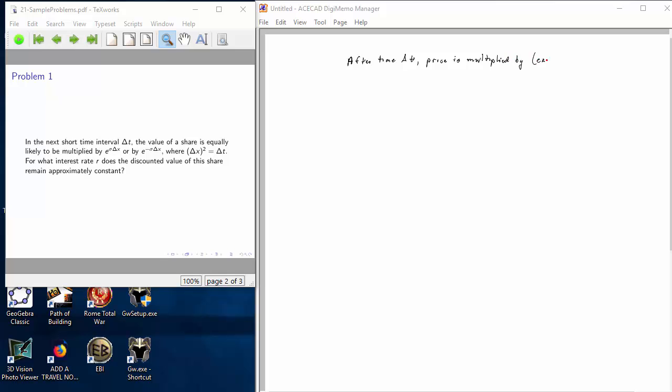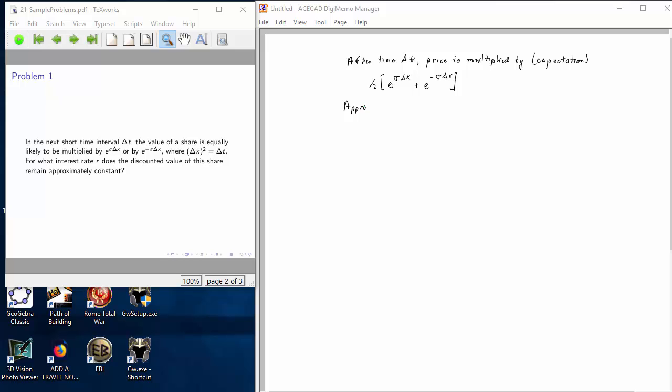The expected price gets multiplied by 1/2 times e to the sigma delta x, which is what happens when the price goes up, plus 1/2 times e to the minus sigma delta x, which is what happens when the price goes down.